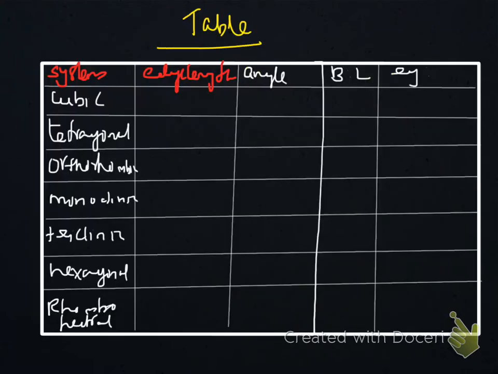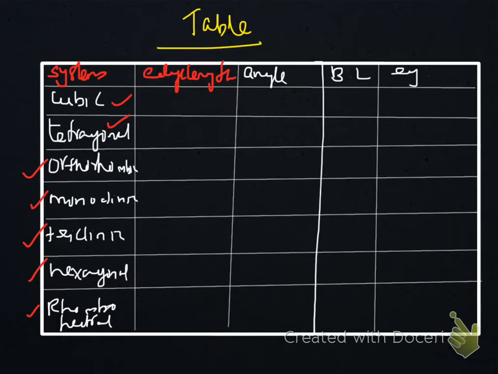The relation between edge length and angle for these 7 crystal systems can be tabulated here. The systems are 7 in number: cubic, tetragonal, orthorhombic, monoclinic, triclinic, hexagonal and rhombohedral.